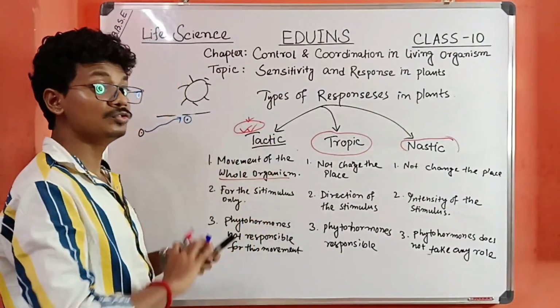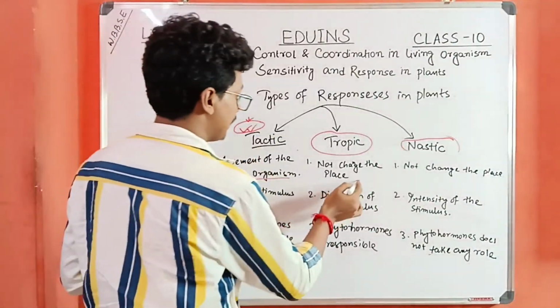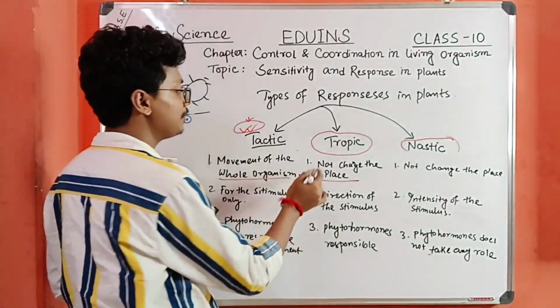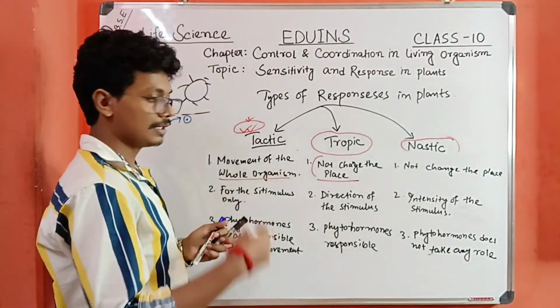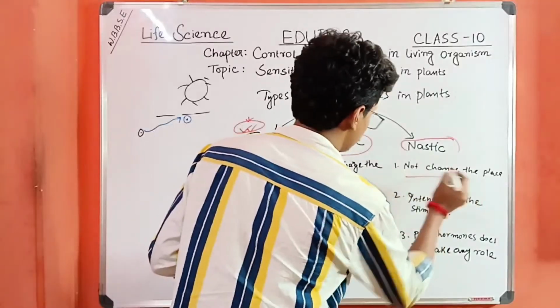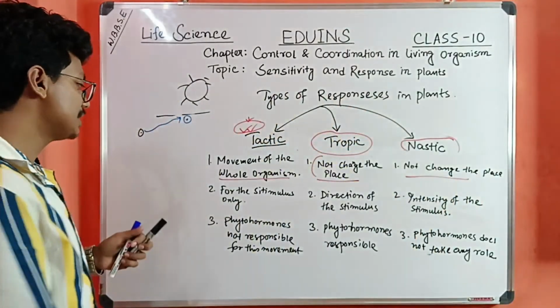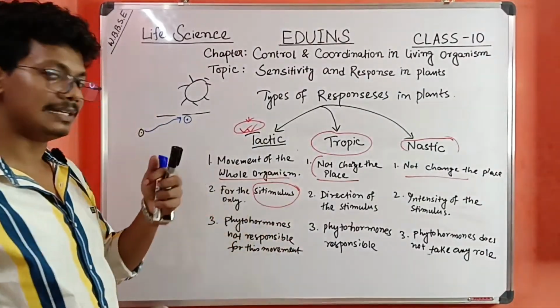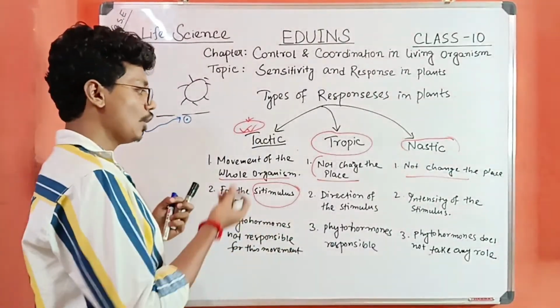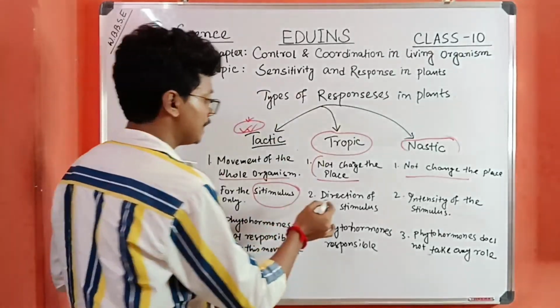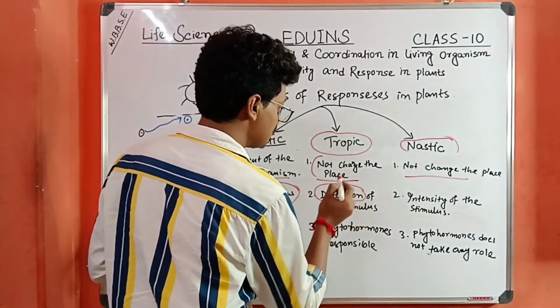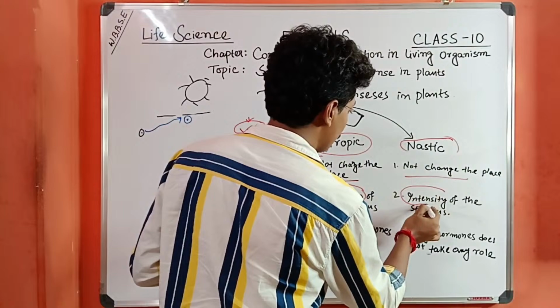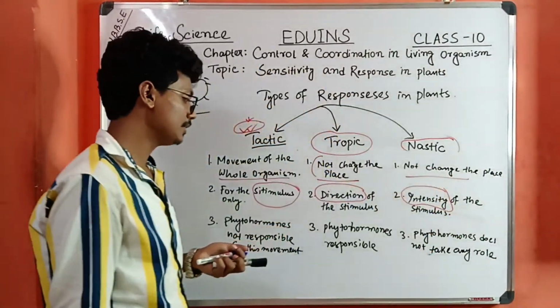Here the organism moves the whole body. Here this does not occur, only a few parts or organs move here also. Secondly, the stimulus, for this stimulus only they will move. They do not depend on the intensity or the direction or the location of the stimulus. They depend on the direction of the stimulus, and this movement depends on the intensity of the stimulus.